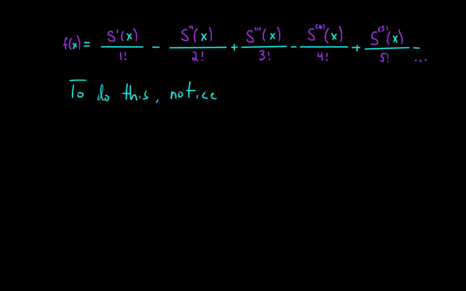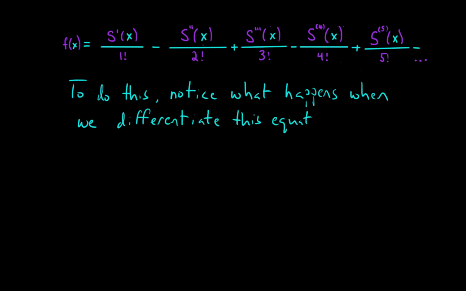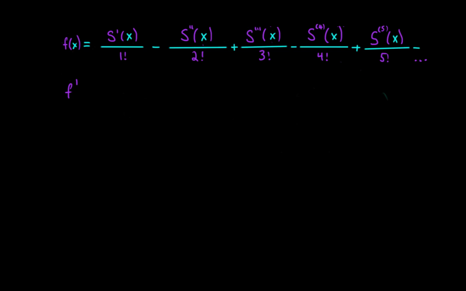To do this, we should start by noticing what happens if we differentiate this expression. If we differentiate f of x with respect to x, we get f prime of x equals s double prime of x all over 1 factorial minus s triple prime of x all over 2 factorial.